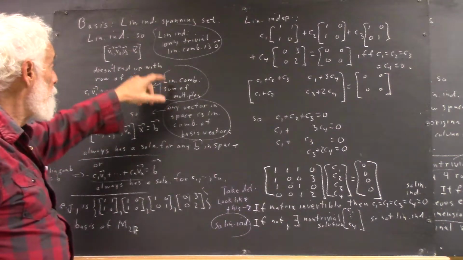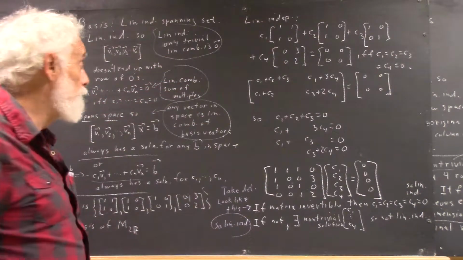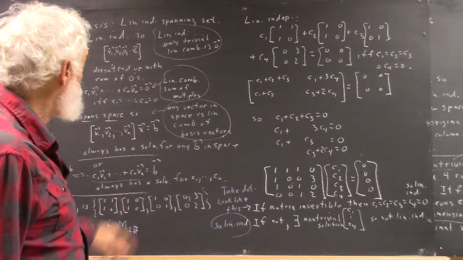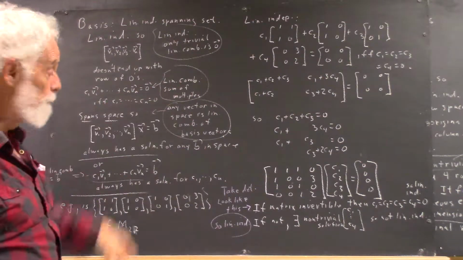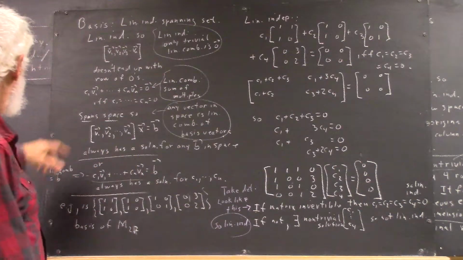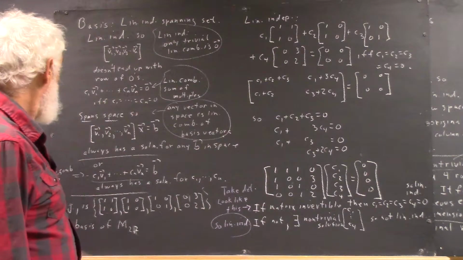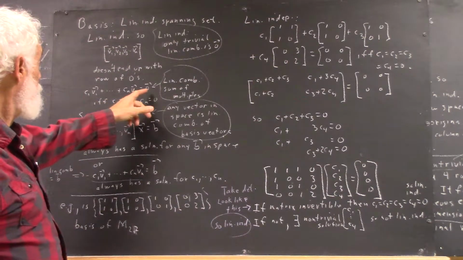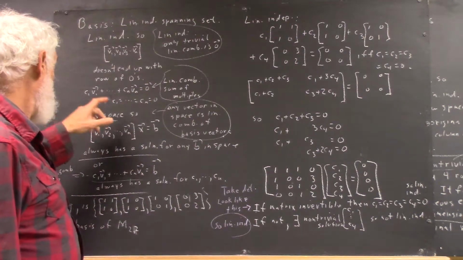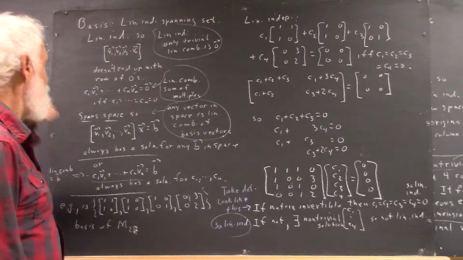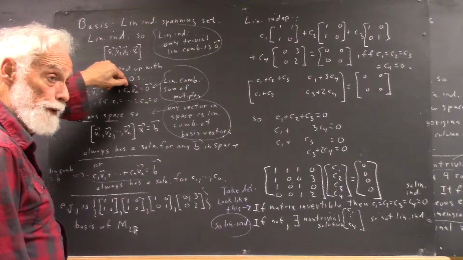So again, a basis has to be linearly independent, meaning only the trivial combination is equal to the zero vector. A linear combination is a sum of multiples of the vectors in the set by the scalars. So here's a typical linear combination, and we test whether it can be equal to zero in any case other than when all the C1 through Cn constants are zero.